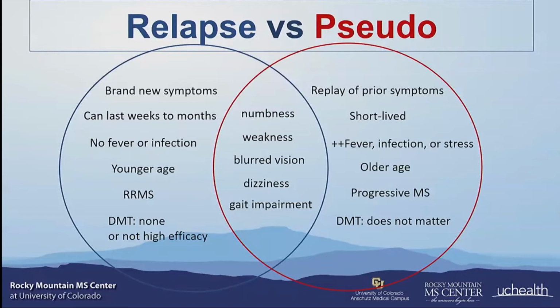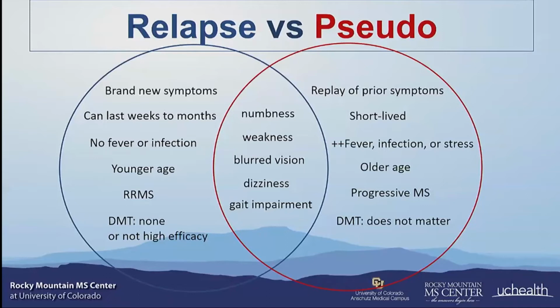We generally think of relapses happening maybe right at the beginning of the MS trajectory, before people have been diagnosed, at younger ages, and in the relapsing form of the disease. Whereas pseudo attacks tend to occur more when people have had the disease for some period of time, maybe in the progressive phase as well.